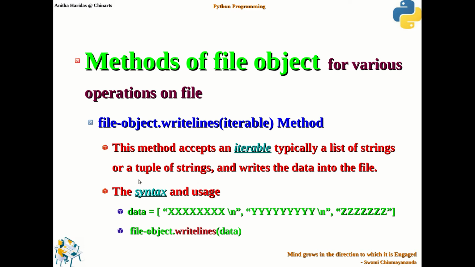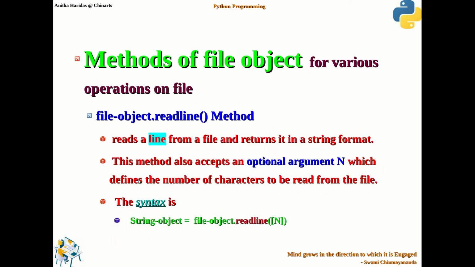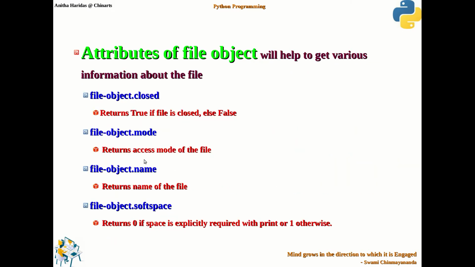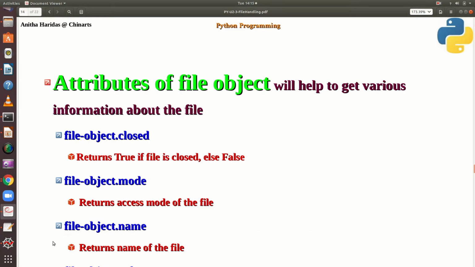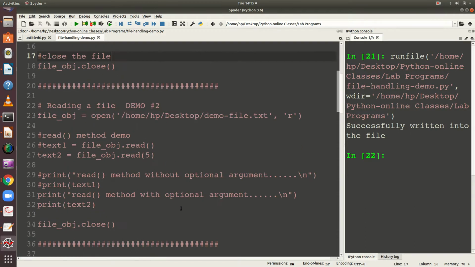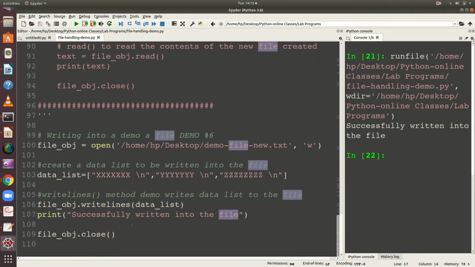So let us discuss, if you want, let us see whether it is closed, what is the mode, and what is the name of the file, softspace. Let us try this also in our Spyder. Okay, so this is the file.